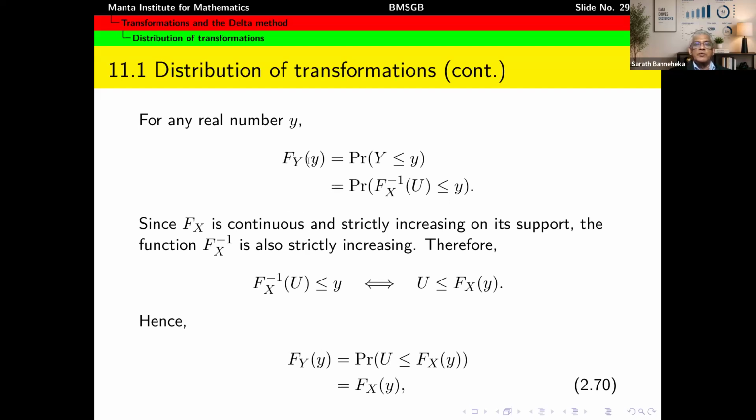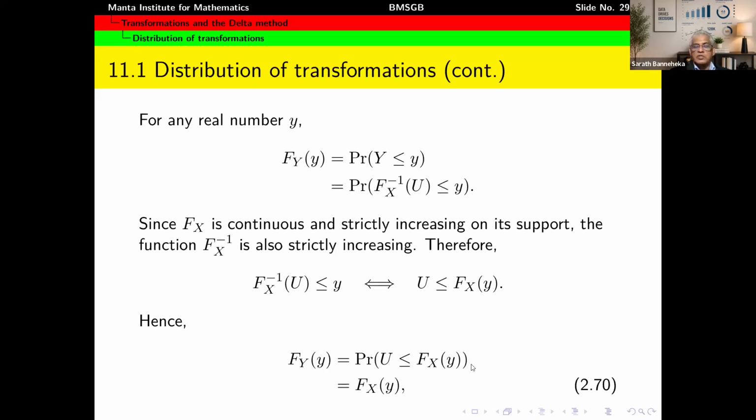So the cumulative distribution function of y evaluated at small y will be the probability that U is less than or equal to Fx of y. But now remember that this is the cumulative distribution function of U by definition, right?